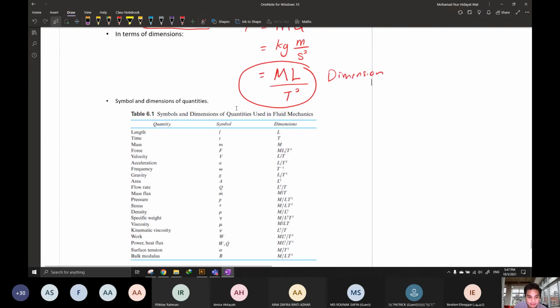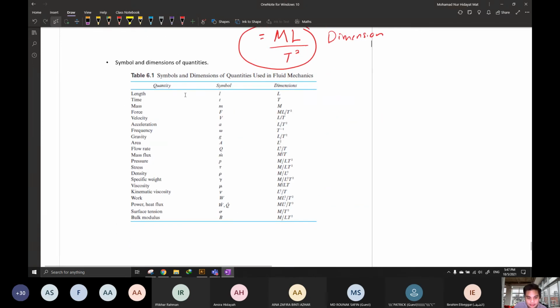All these terms can be found in table 6.1. When we want to locate the length, the symbol L, the dimension is capital L. When we need to find the density, for example, what's the formula of density? Mass over volume.